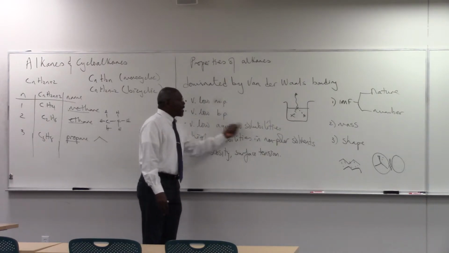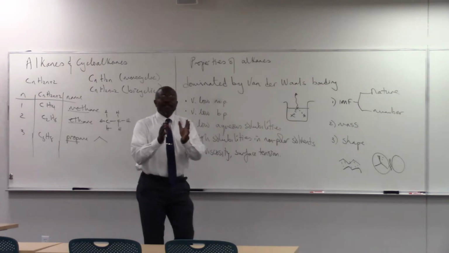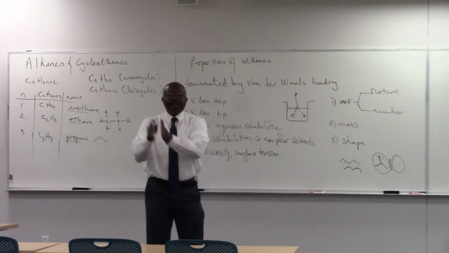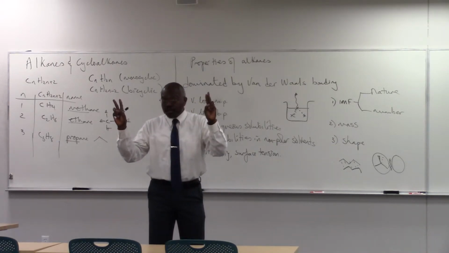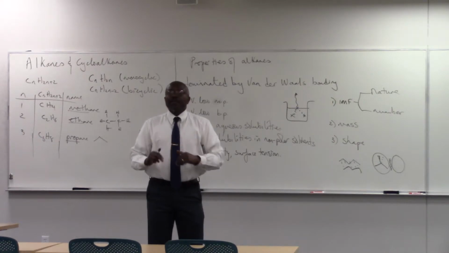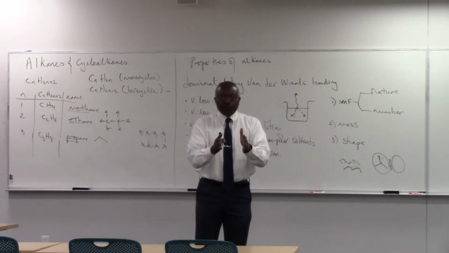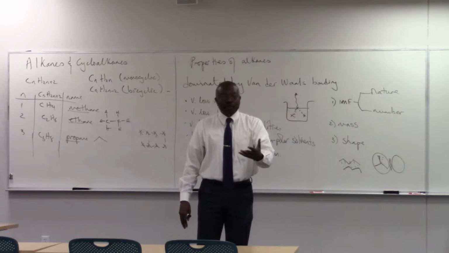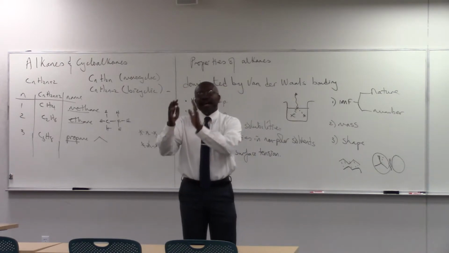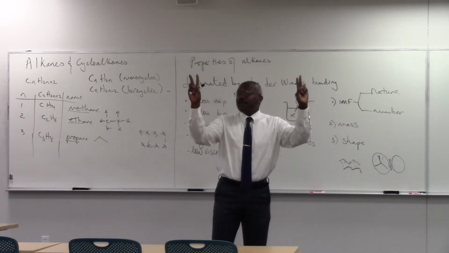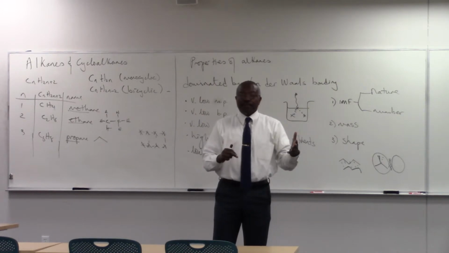They will have low aqueous solubilities because the bonds between the alkane and the alkane, the solute, are van der Waals. The bonds between water and water, the solvent, are hydrogen bonds. The bonds between the alkane and water in the potential solution are van der Waals.